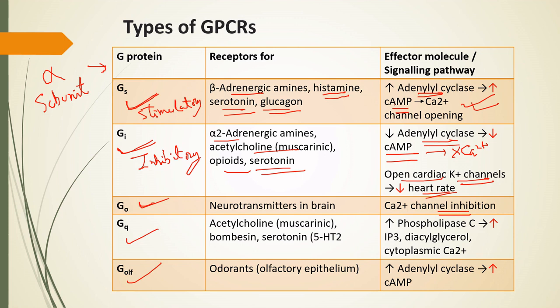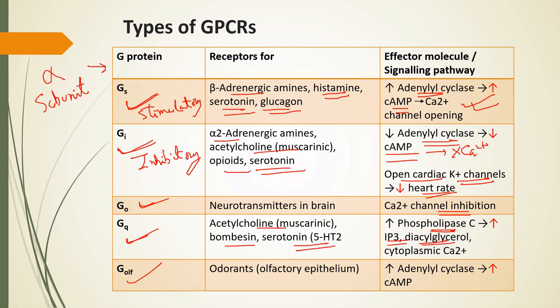So what is Gq doing? Gq is also found in the acetylcholine muscarinic receptor, for bombesin, and for serotonin, the 5-HT2 kind of receptor. It basically increases the activity of phospholipase C. Because of the increase in phospholipase C, IP3 and diacylglycerol are increased.